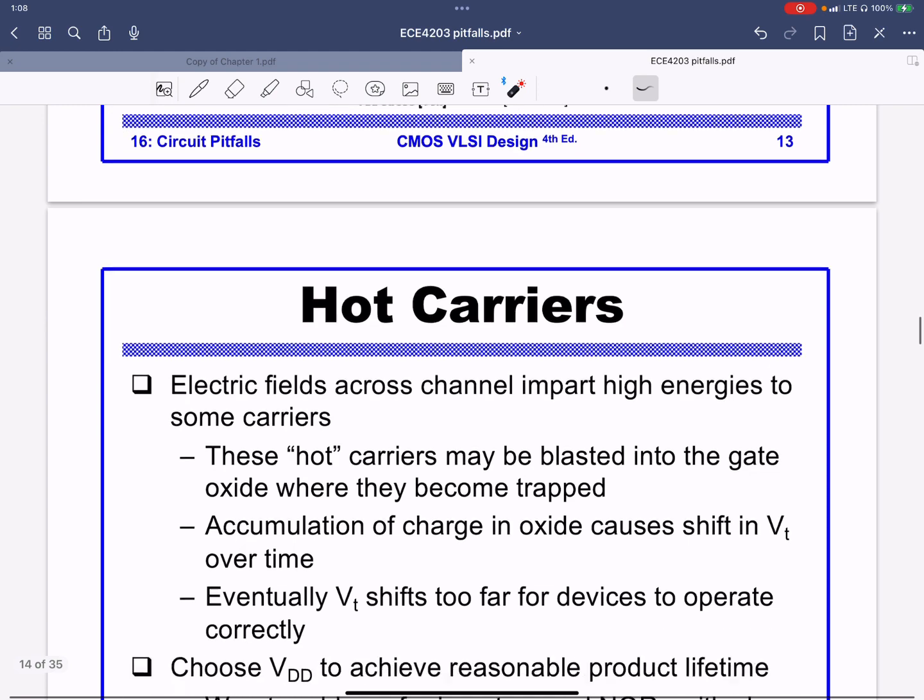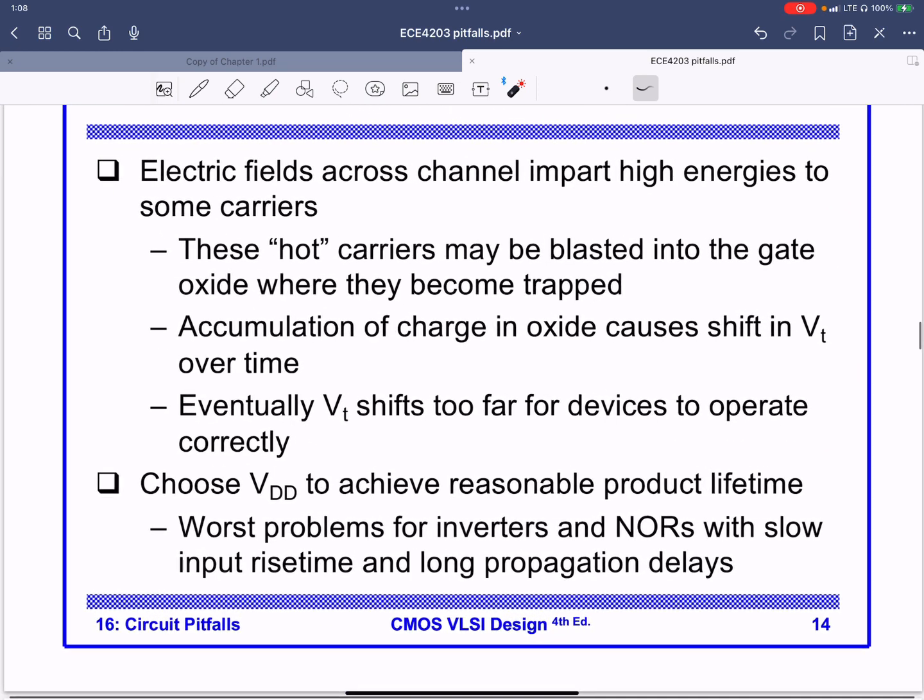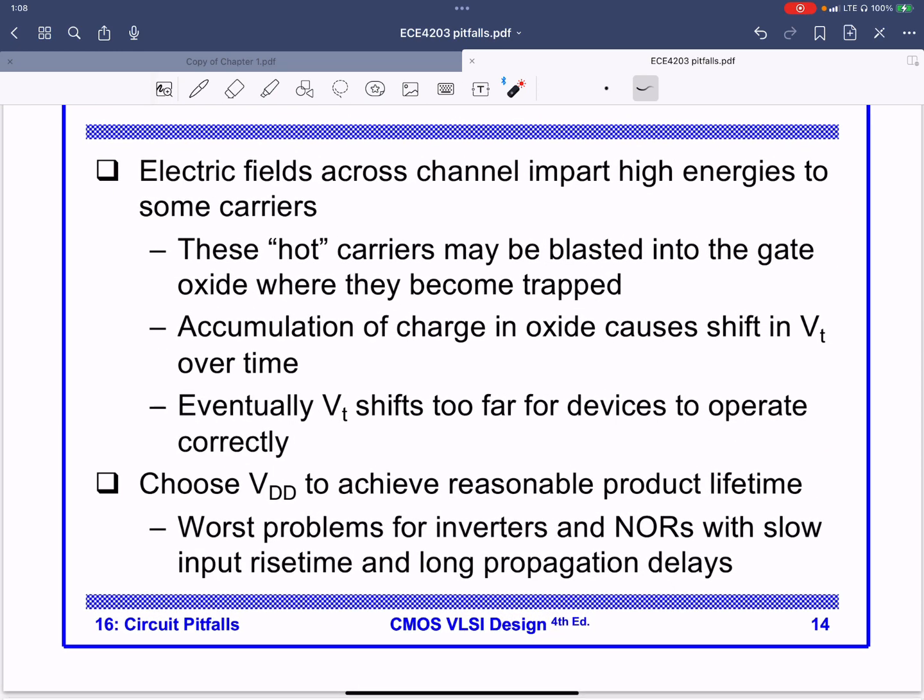So your design may be contributing to over voltage in some parts.